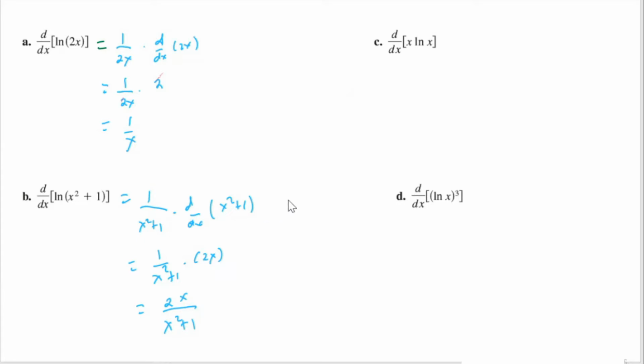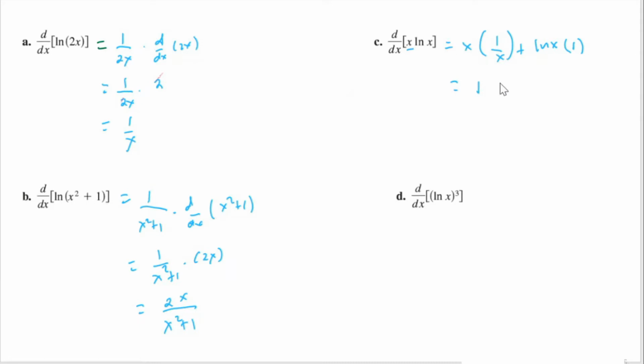Now for letter C, we have the derivative of x ln x. In that case, we are going to use the product rule. The derivative will be x times the derivative of ln of x, which is 1 over x, plus the second term, ln of x, times the derivative of x, which is 1. Simplifying, x times 1 over x is 1 because the x's cancel.